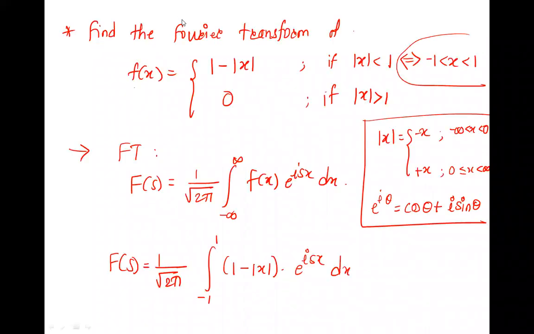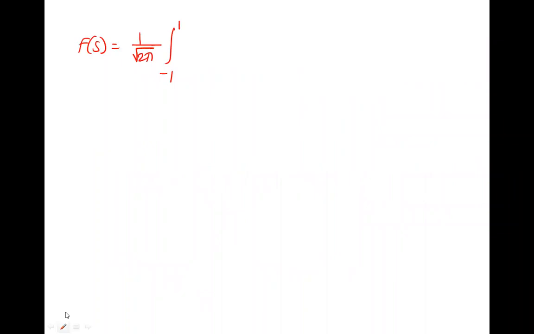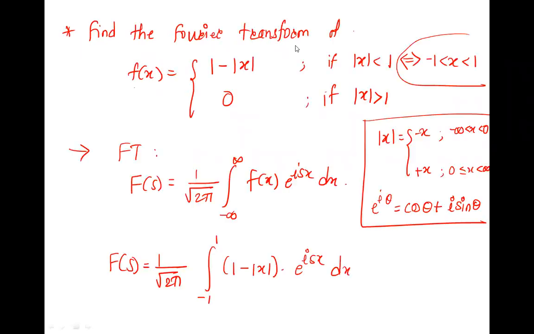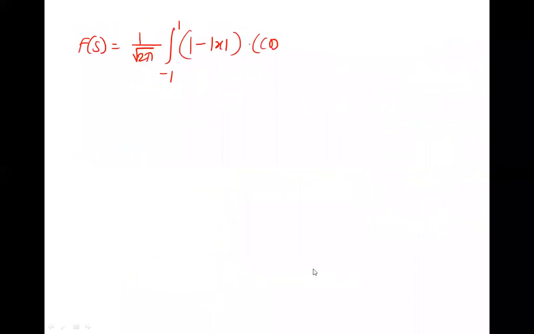It is 1 upon root 2 pi, integration minus 1 to 1, 1 minus mod x into e raised to isx, which I'll write as cos of... e raised to i theta, theta is sx. So cos sx plus i sin sx dx.